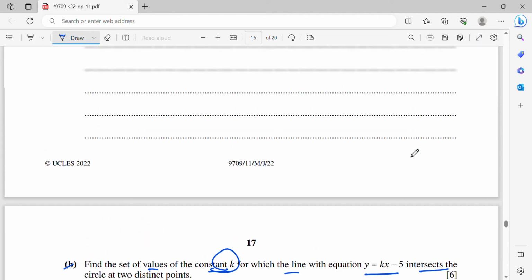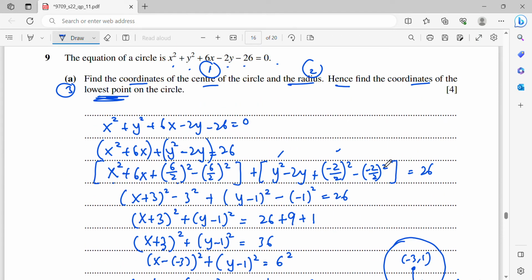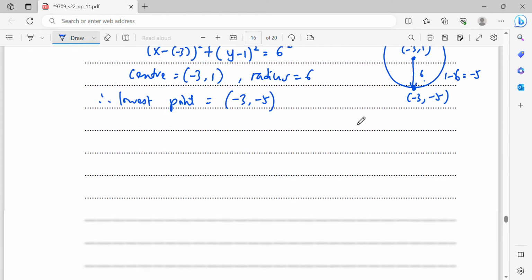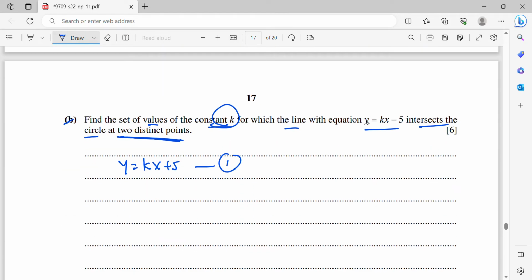My second equation will be the circle equation. So I will rewrite this original circle equation. Okay, so x squared plus y squared plus 6x minus 2y minus 26 equals to 0. So I will let this be second equation.